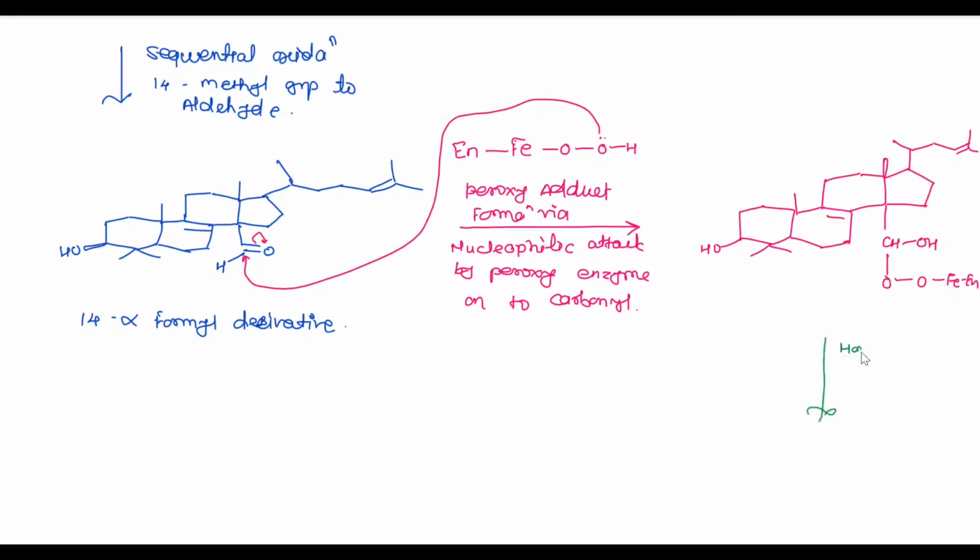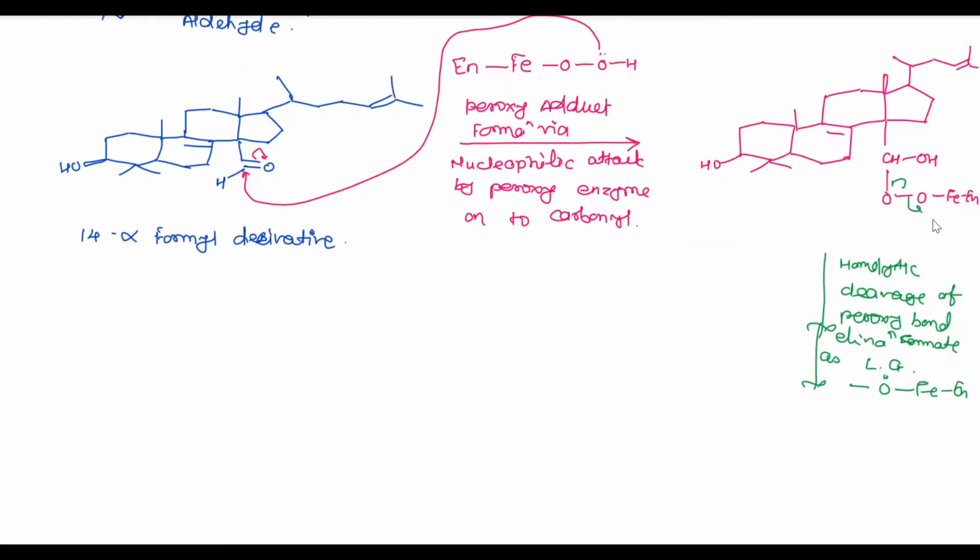In the next step, homolytic cleavage of the peroxy bond and elimination of formate as a leaving group, that is the enzyme radical formate. Here homolytic cleavage takes place, and we get.